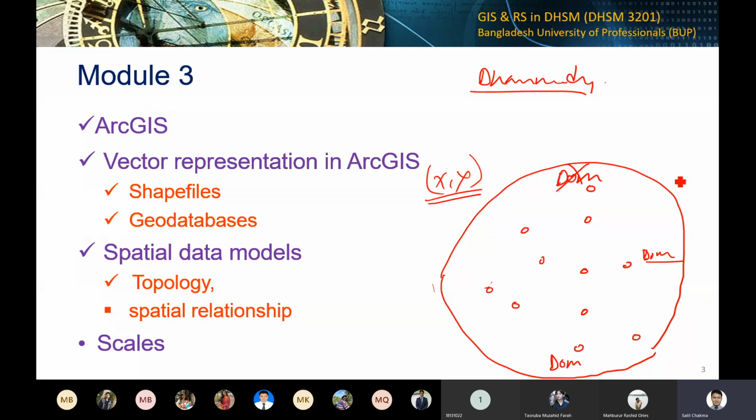They might go somewhere else because there are traffic jams and other things to consider. So how can we solve this problem? One solution could be the center of gravity. And what is that? That's the mean center.